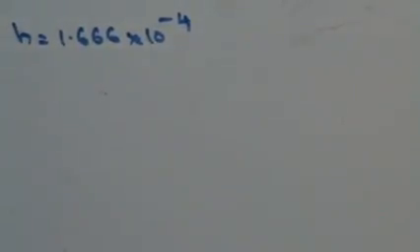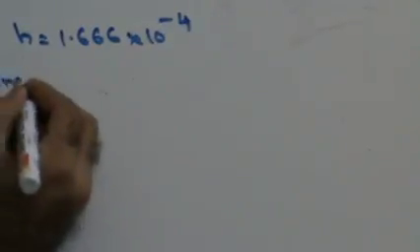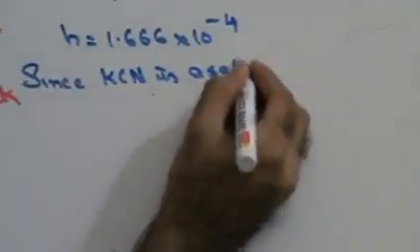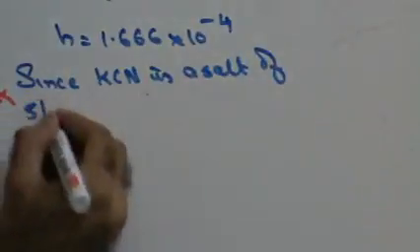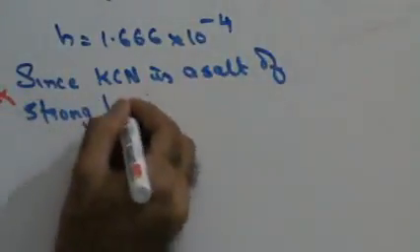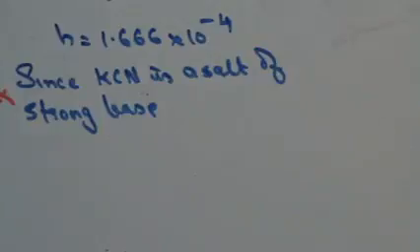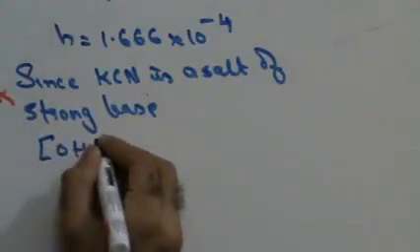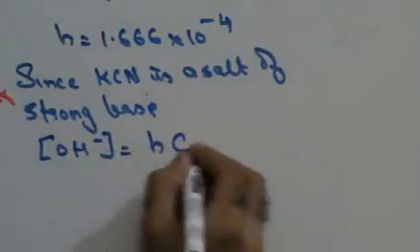Right? Next, potassium cyanide is a salt of strong base and weak acid. Since it is a salt of strong base, I can say that the hydroxyl ion concentration will be equal to hC.